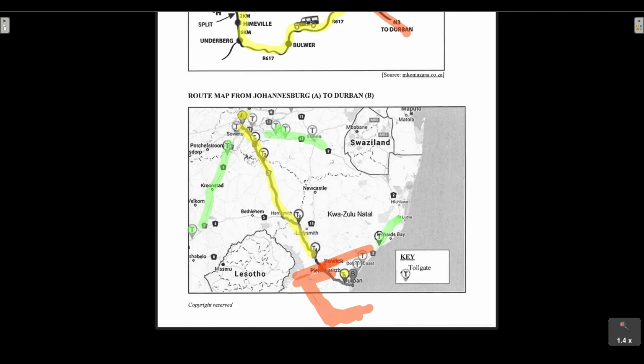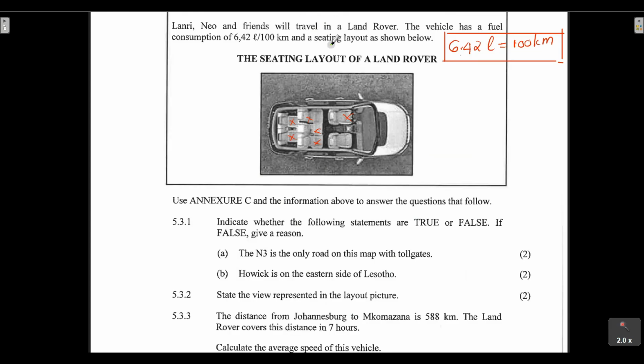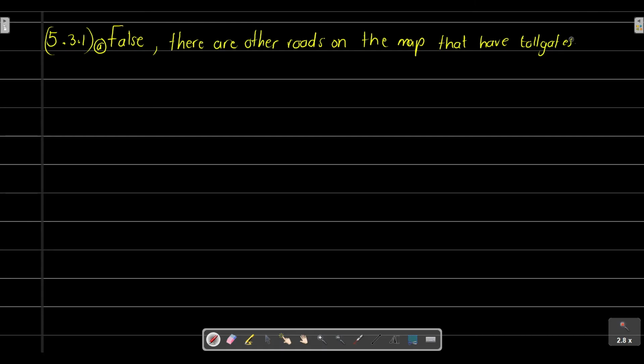Then we also have that road. It also has, so we can see that the N3 is not the only road on this map that has toll gates. So we can say that that statement is false. There are other roads on the map that have toll gates.